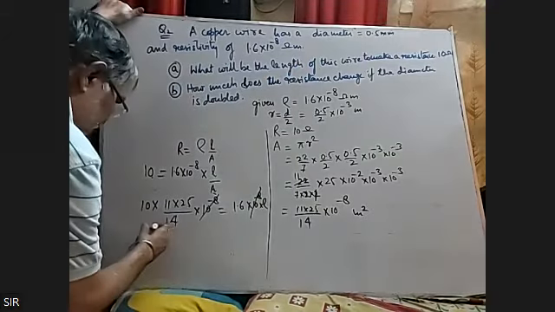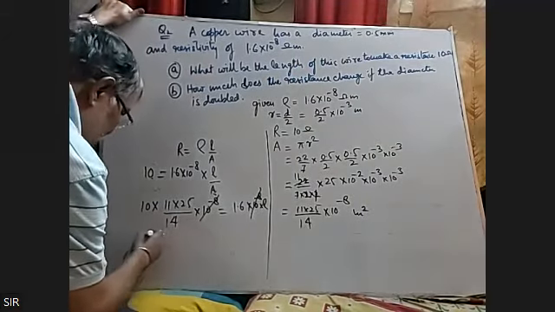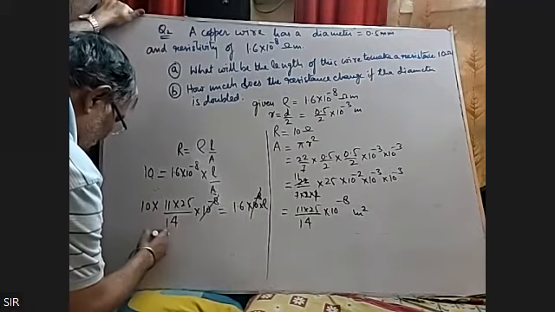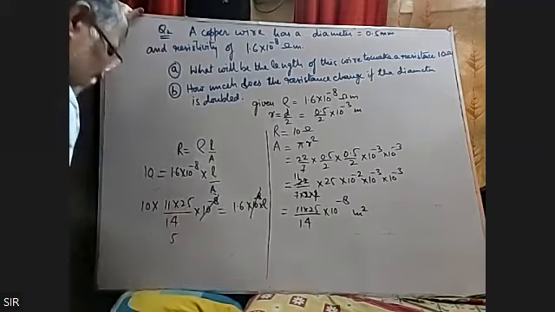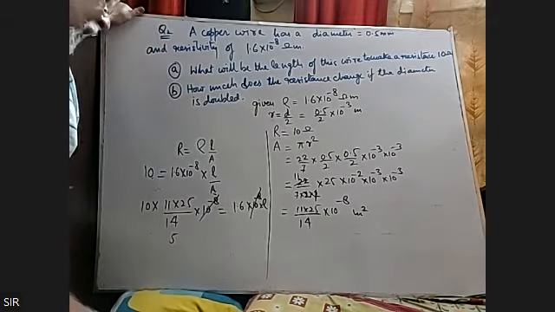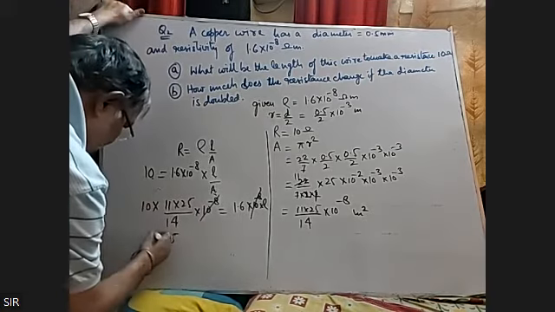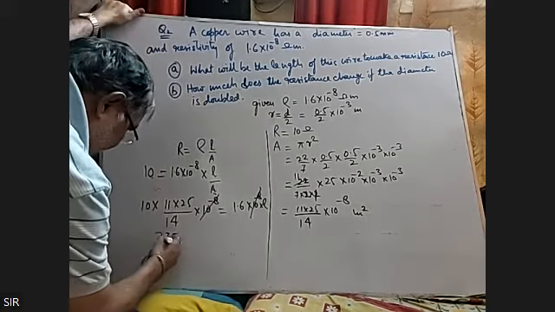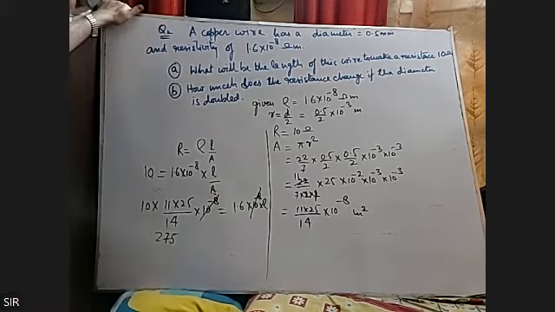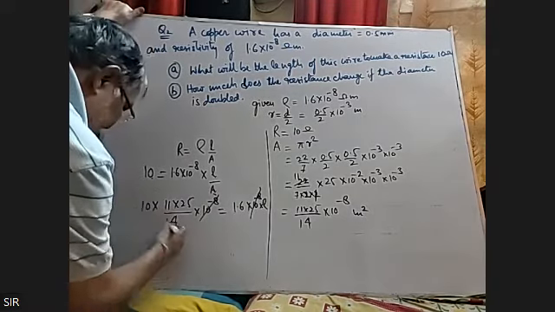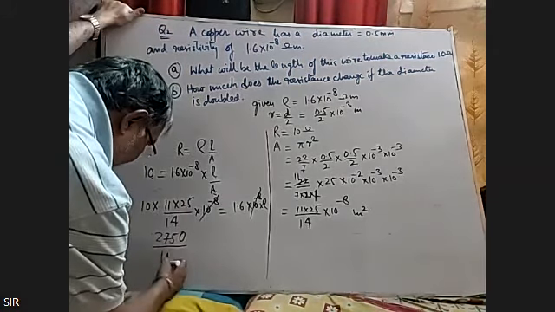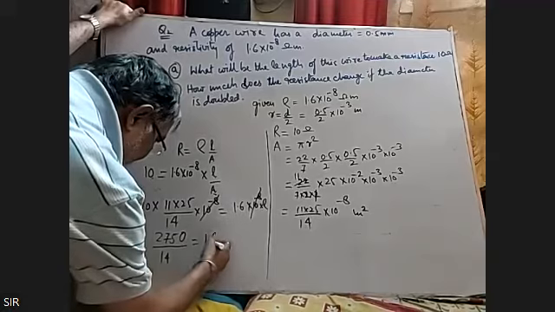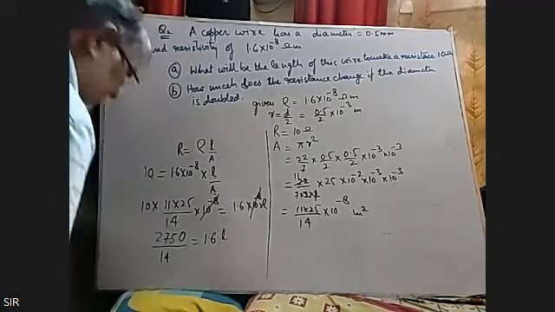So we have 25 ones are 25, 25 ones are 25 and 2, 275. Clear? Multiplied by 10, by 14 is equal to 1.6 L.